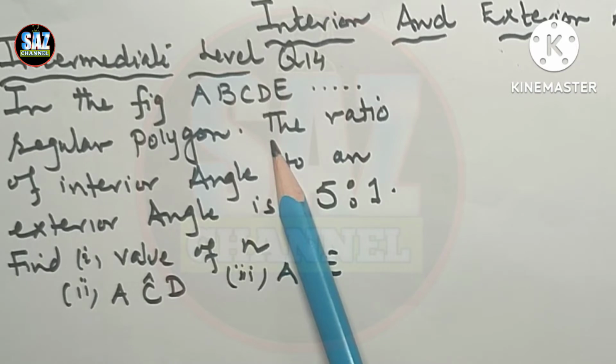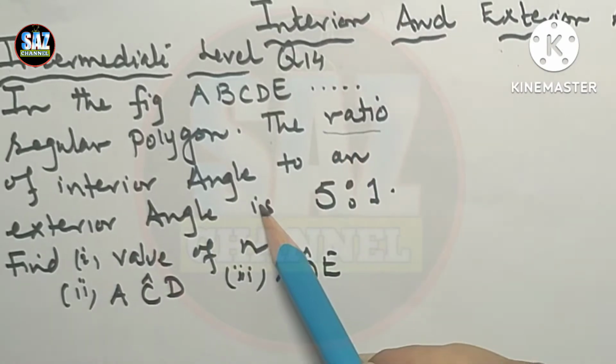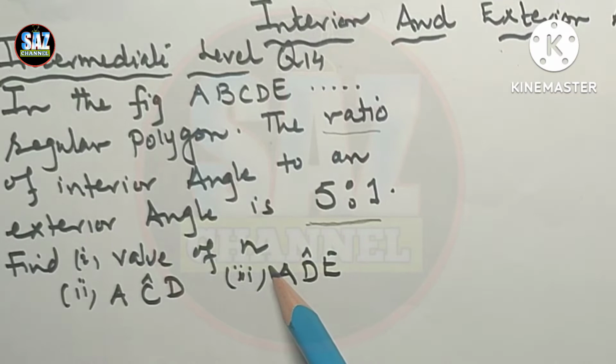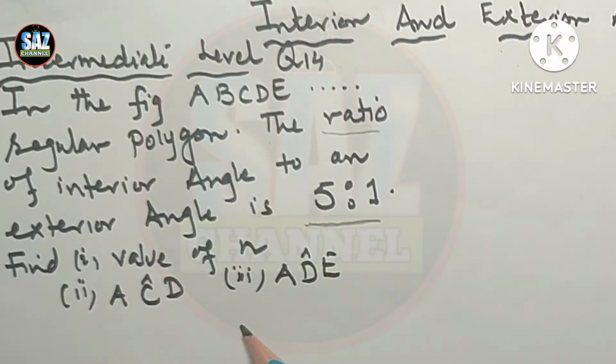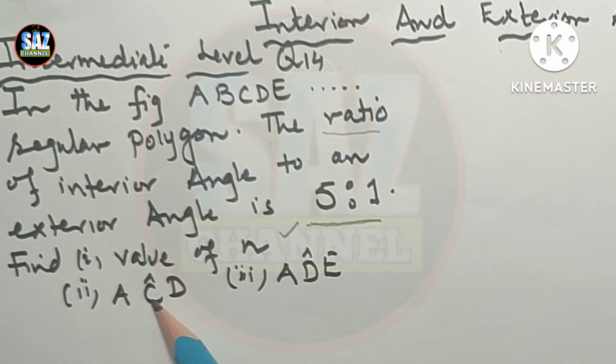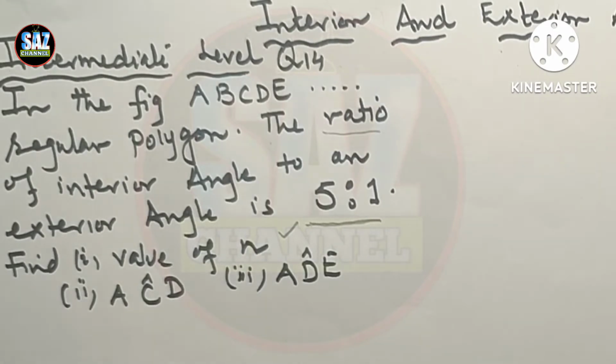The ratio of an interior angle to an exterior angle is 5:1. We have to find the number of sides, the value of n, then we have to find angle ACD, and then angle ADE. We'll be talking about each part one by one.